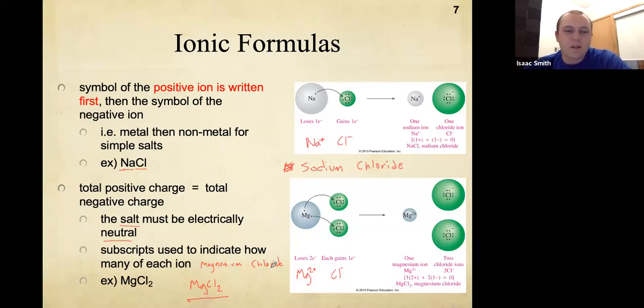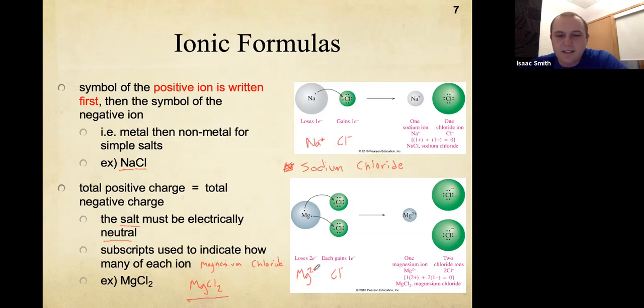So just by this name alone, you'd be able to write the formula MgCl2, because you know you need 2 negatives for every 1 positive. You need 2 negatively charged chloride ions for every 1 magnesium ion because there's a 2+ charge on the magnesium. That'll come with some practice, but that's how you do that. So that's naming the ionic compounds and coming up with their formulas.